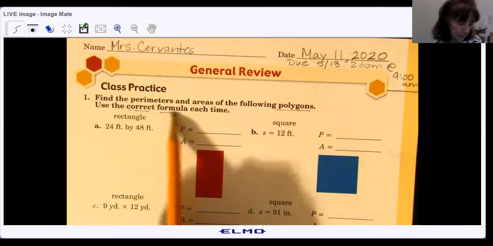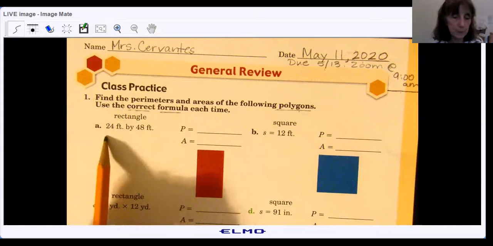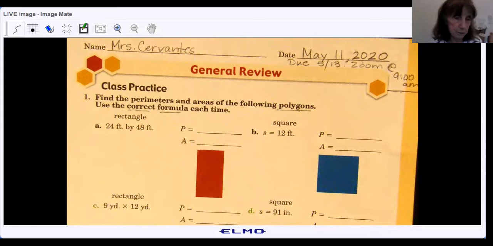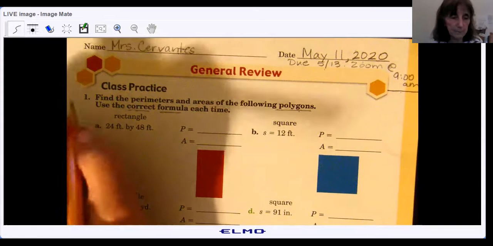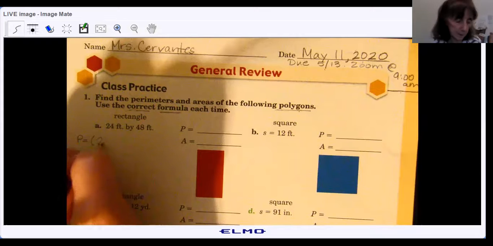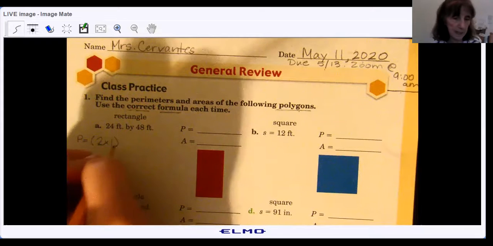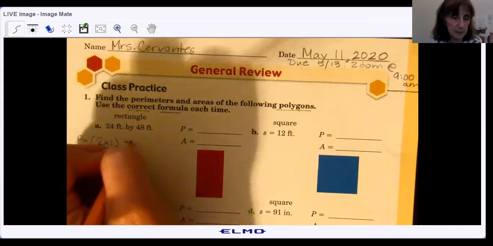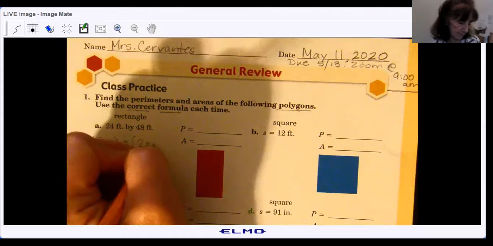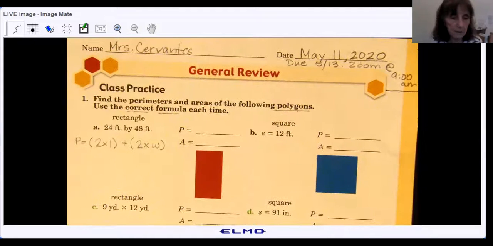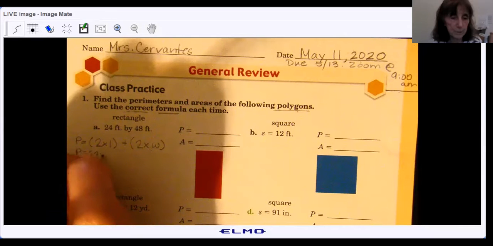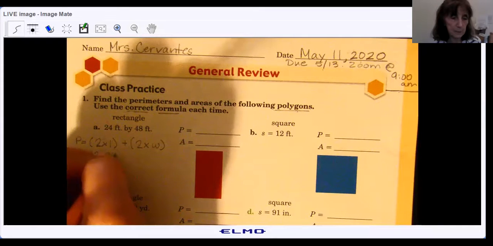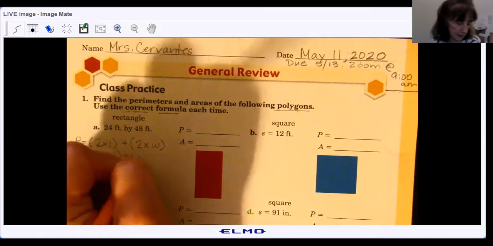What's the formula for a rectangle? Perimeter equals 2 times the length plus 2 times the width. So we're going to put P equals 2 times L in parentheses plus 2 times W. Perimeter equals 2 times 24 feet plus 2 times 48 feet.